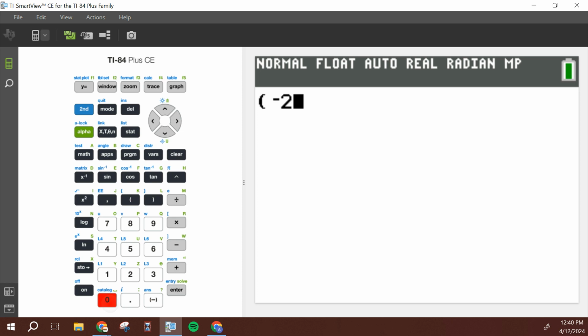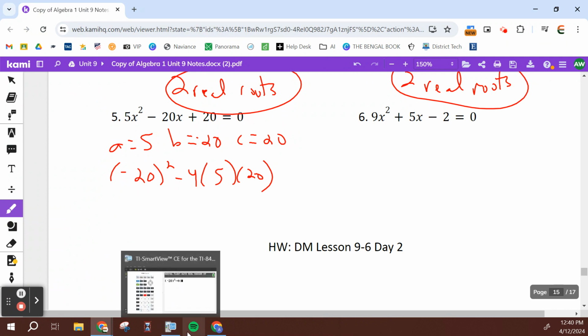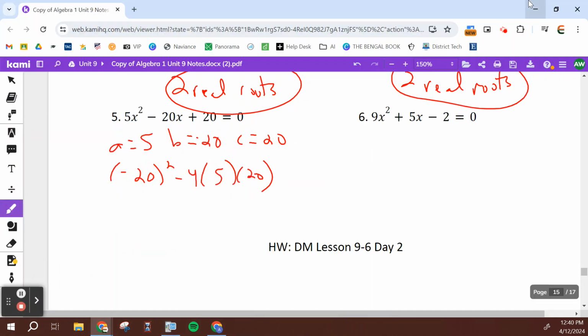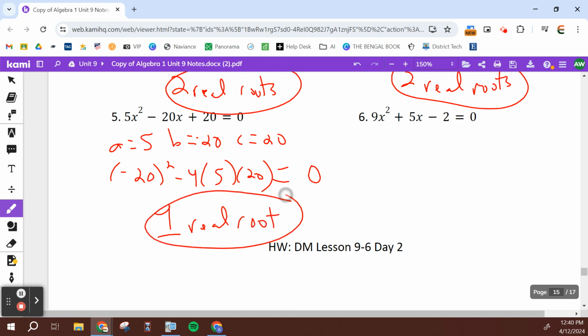So parentheses negative 20 squared minus 4 times, I think it was 5. Yep, 5 and 20. There we go. We get 0. So 0 is kind of that's our one where we only get 1 solution. So we'll put that 1 real root, and that's it.